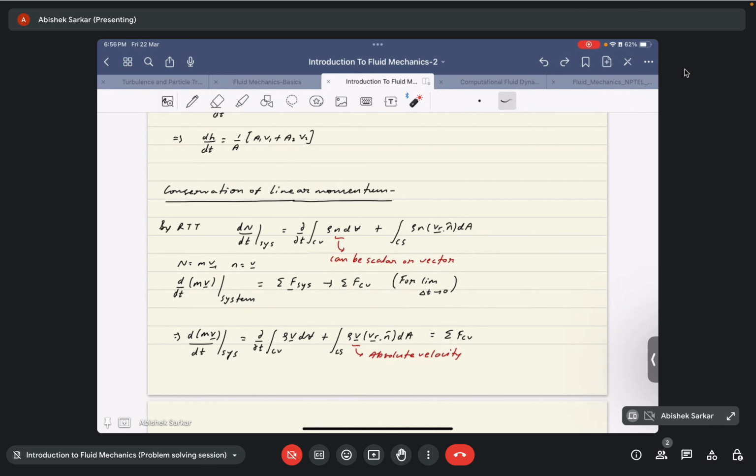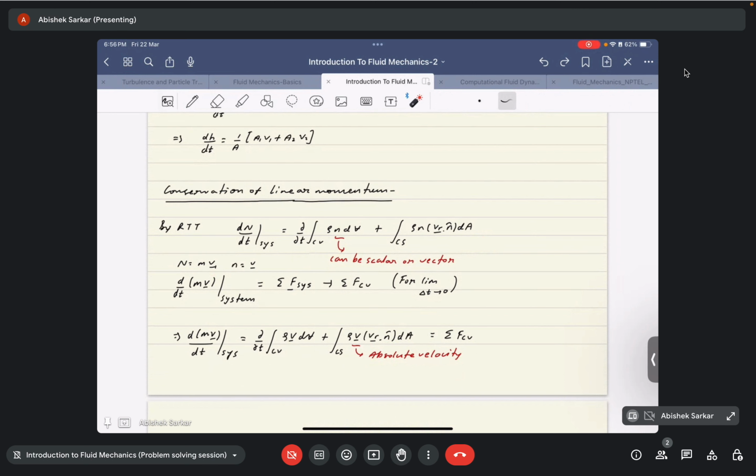Okay, and the catch is that v in this case is the absolute velocity of the fluid, but this velocity within the brackets is actually the relative velocity of the fluid with respect to the control volume.